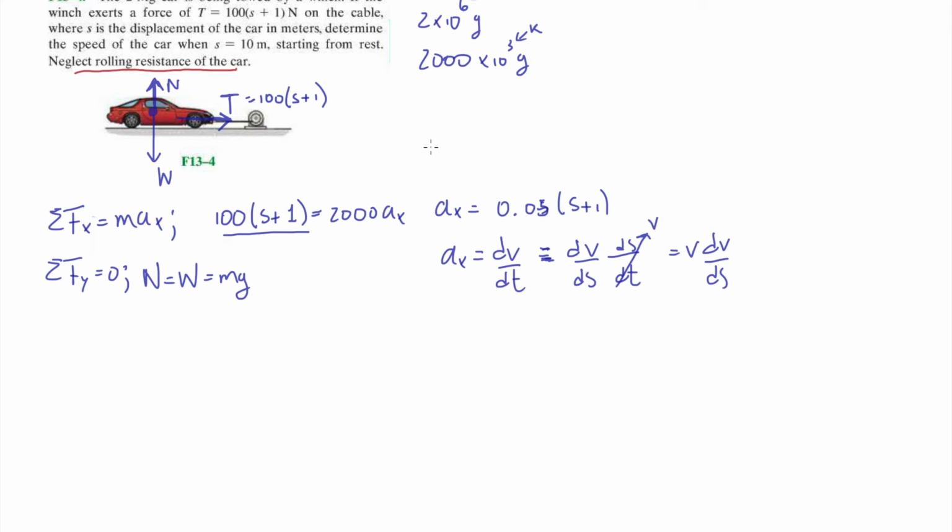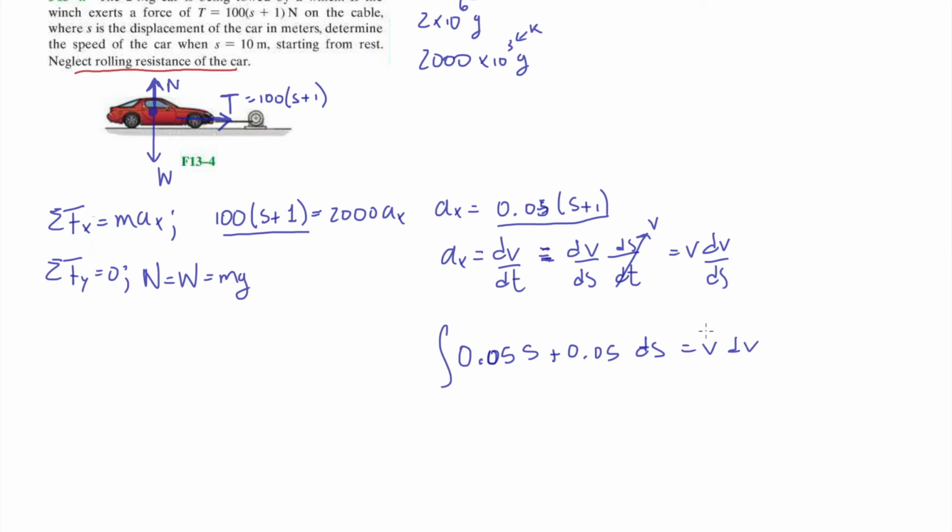Now that we have the acceleration in terms of velocity in space, we just finish up by substituting what the acceleration term was: 0.05 s plus 0.05. Let's move over the ds right away and leave this side as such.